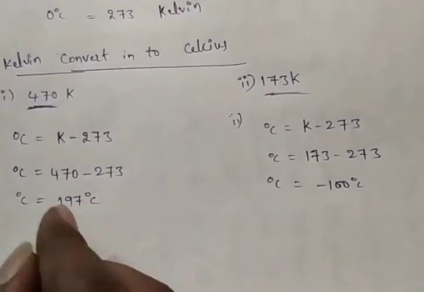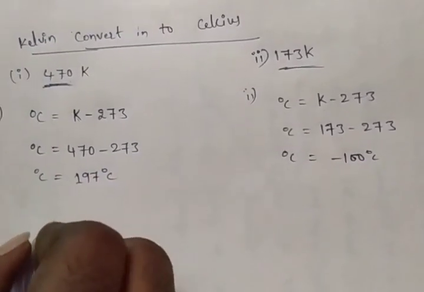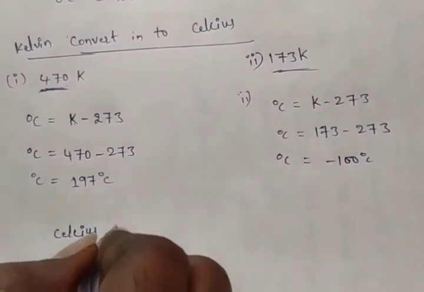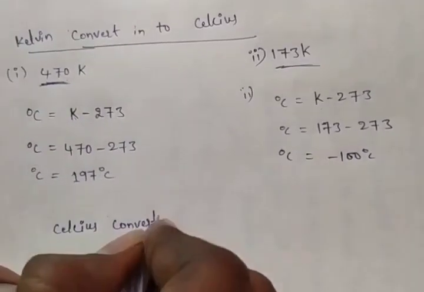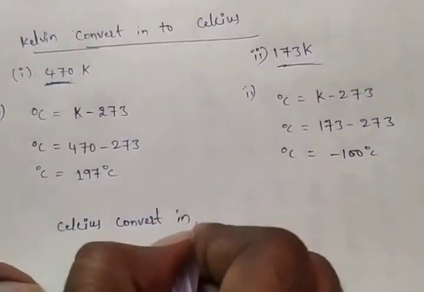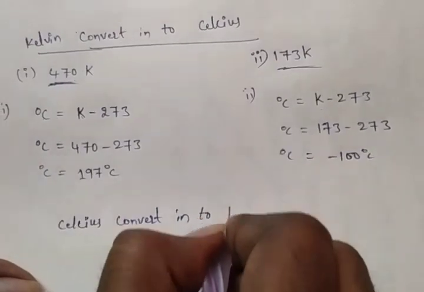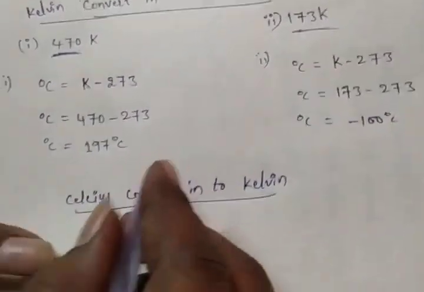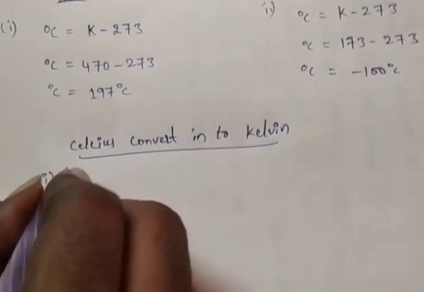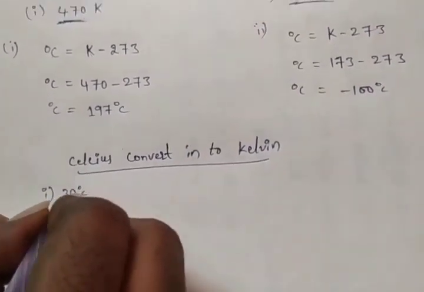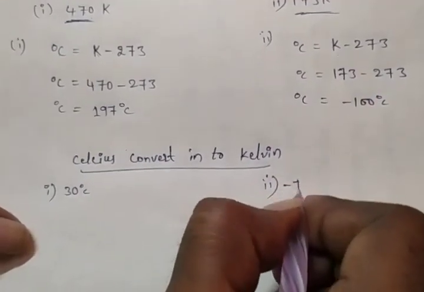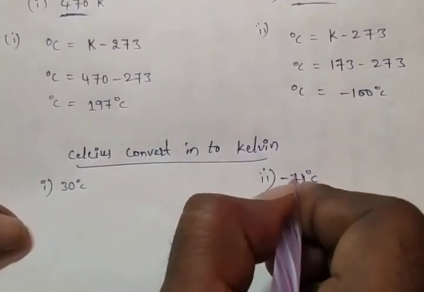Next one, degree Celsius converted into Kelvin. Celsius to Kelvin. The first one is 30 degree Celsius, and the second is minus 71 degree Celsius.